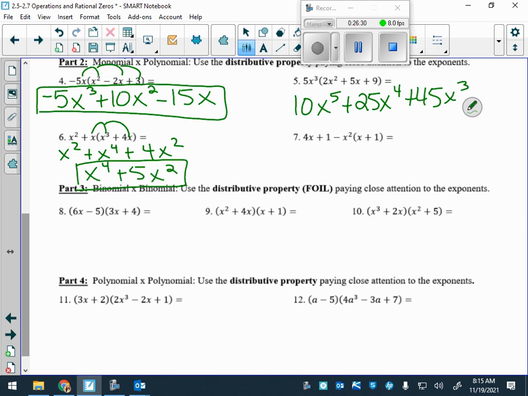Yep. So then x squared just carries down. Then you have x to the 4th plus 4x squared. Then you combine like terms at the end. Yep. No. FOIL is down here. So in number 7, you have 4x plus 1, and then what do you have to multiply by?